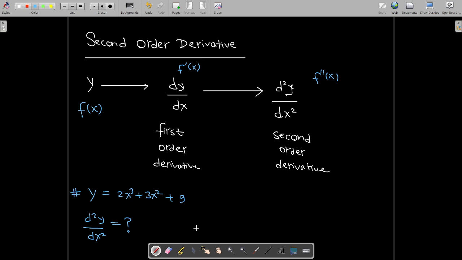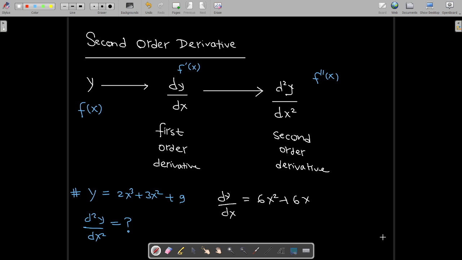The first task is to find dy by dx. dy by dx is 6x squared plus 6x.